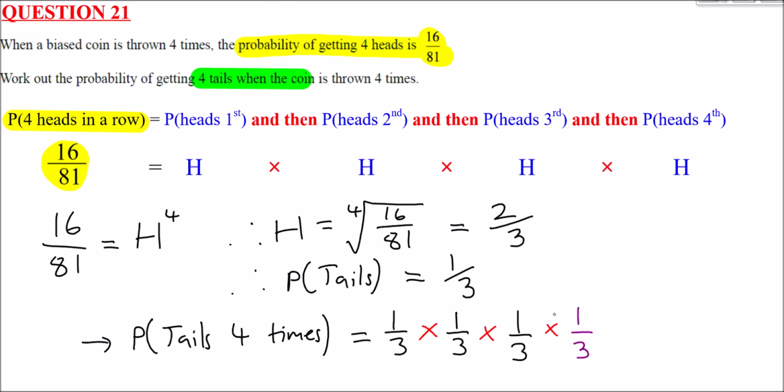So 1/3 times 1/3 times 1/3 times 1/3. Try that on a calculator if you want. You should find that it gives you a value of 1 over 81. So therefore, that's our answer. The chance of getting 4 tails in a row on this biased coin is 1 over 81.